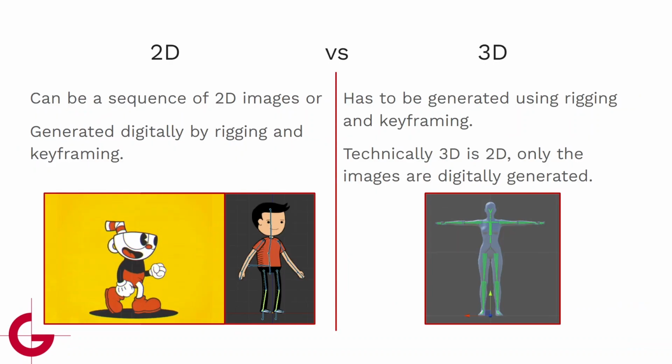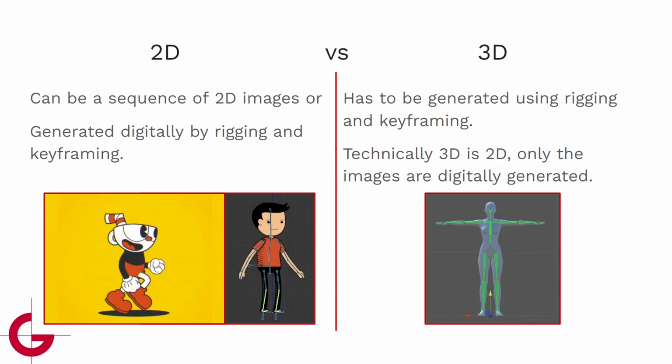And so what are the differences between 2D and 3D animation? Well, technically, 3D animation is 2D animation, but everything has to be digitally generated. So every single frame has to be generated digitally.